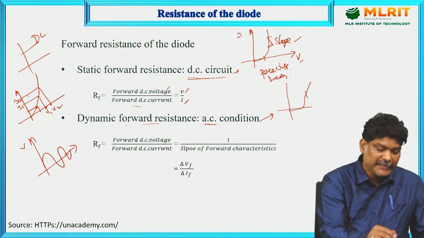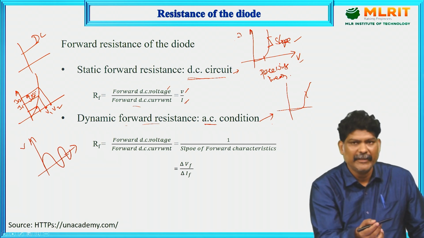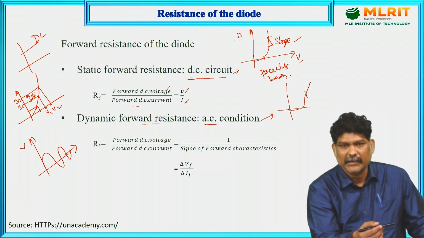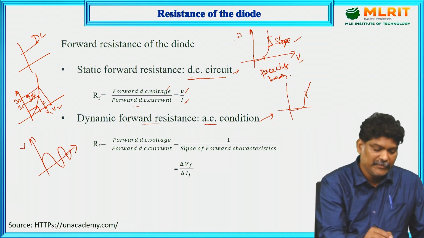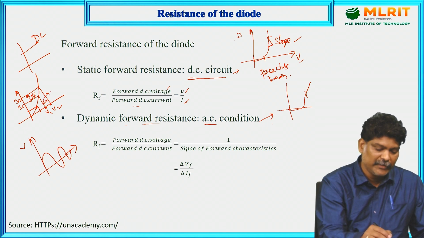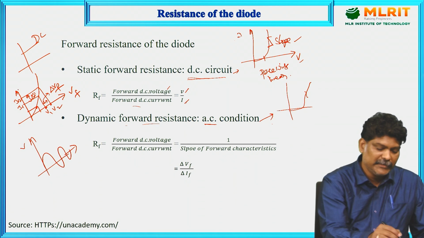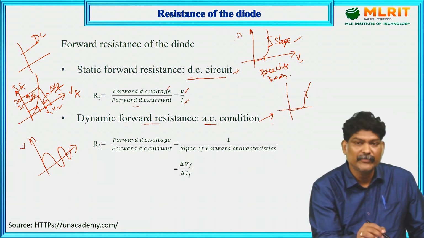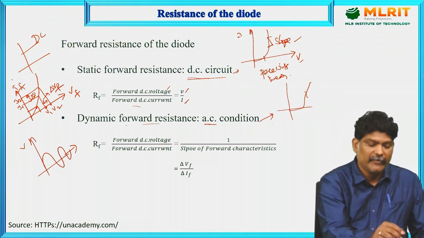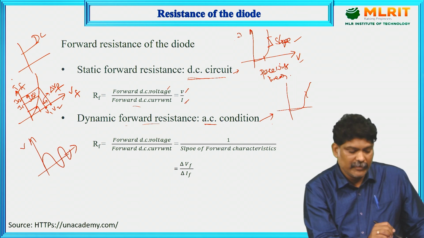So, this is called delta V, delta I. Delta I means IF, you can say forward current. This is the change in the voltage, applied voltage, delta VF. So, this is VF and this is IF. On x-axis we take forward voltage, on y-axis we take forward current.